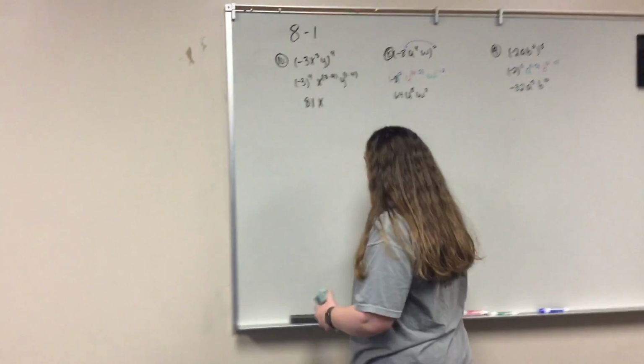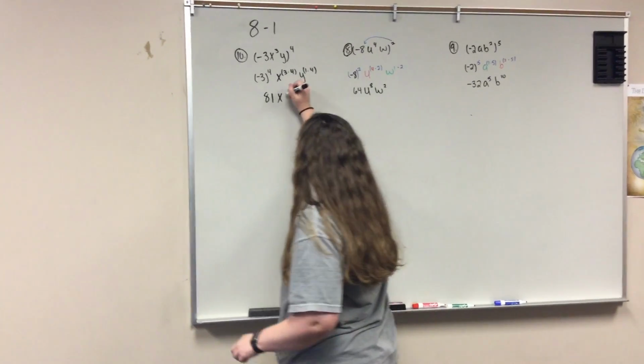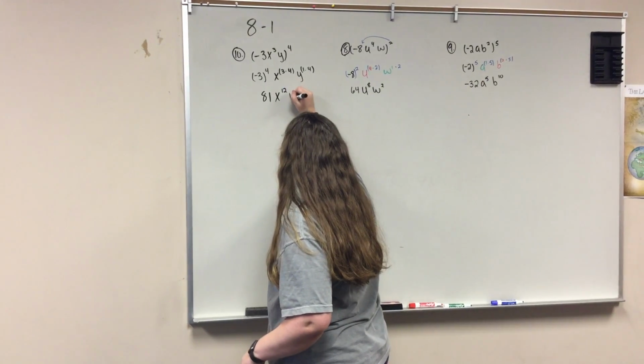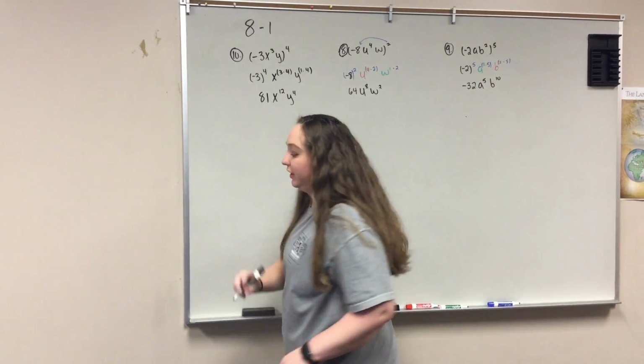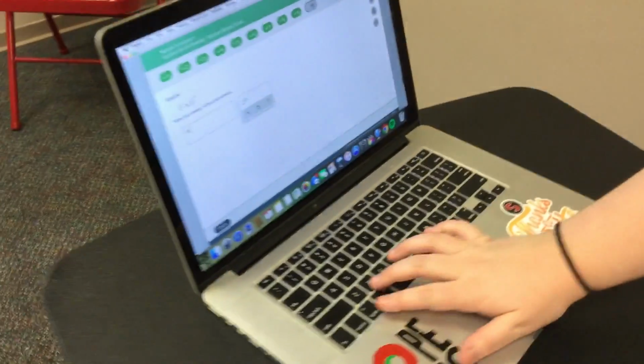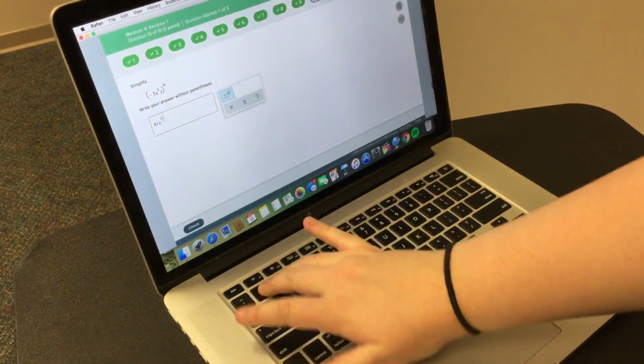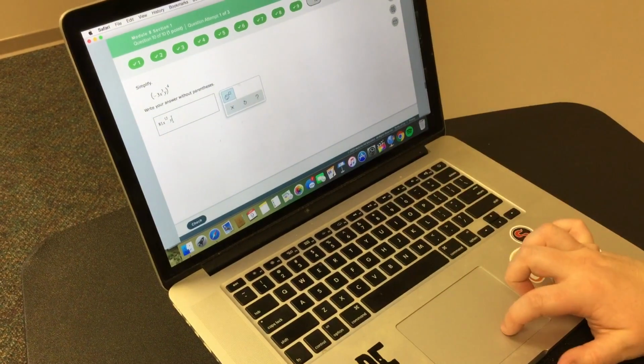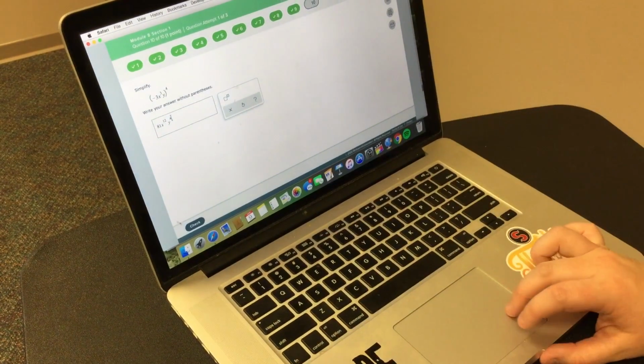And then I have x, 3 times 4 is 12. Y, 1 times 4 is 4. So 81 x raised to the 12th power times y raised to the 4th power.